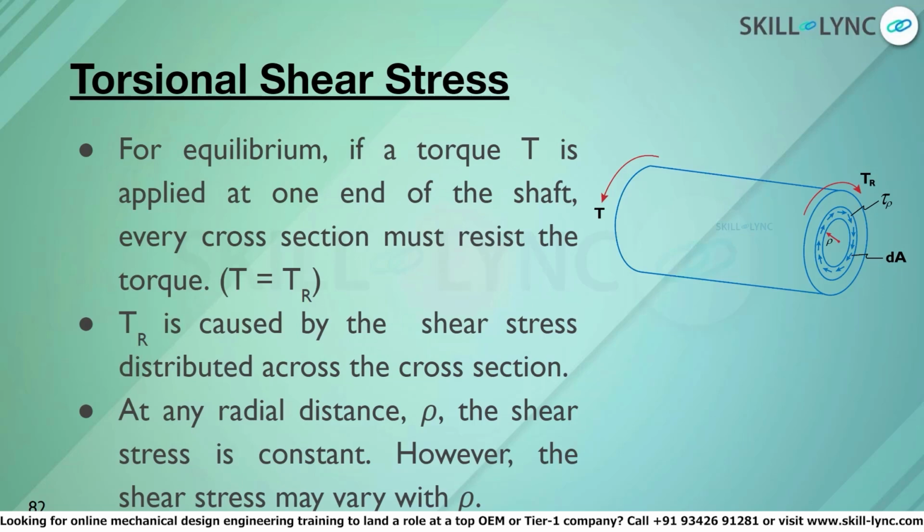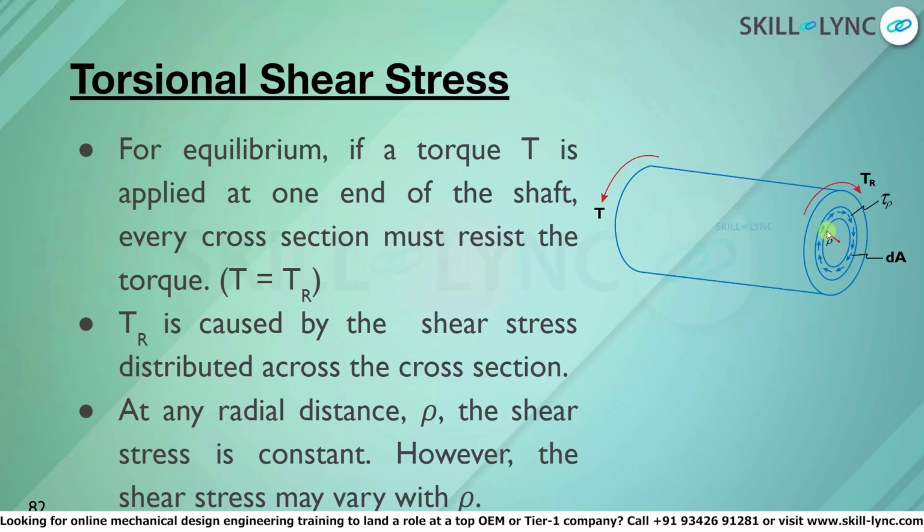Now, for equilibrium, if a torque T is applied at one end of the shaft, every cross section must resist the torque. This resistance is basically the reaction torque that acts against the applied torque. This reaction torque can be given as TR, and it is caused by the shear stress distribution across the cross section.